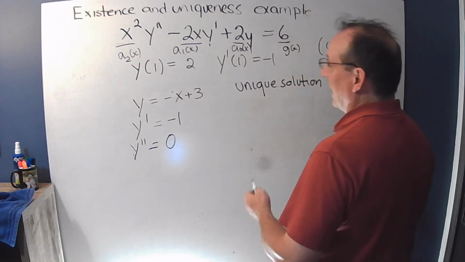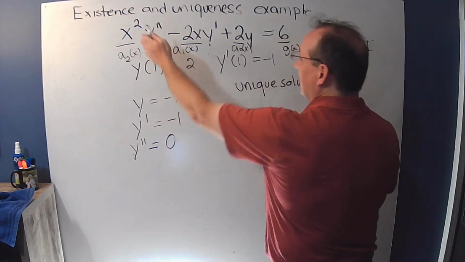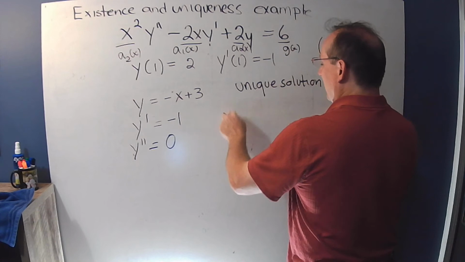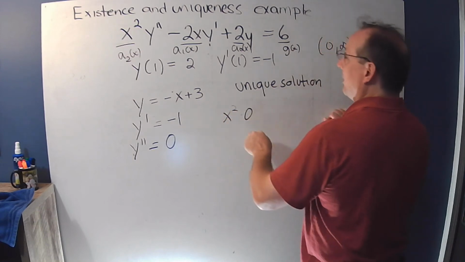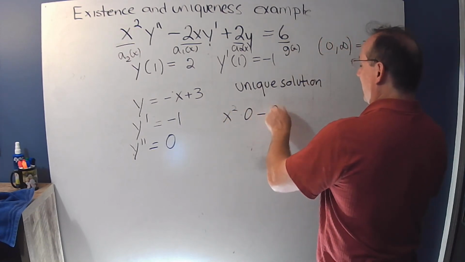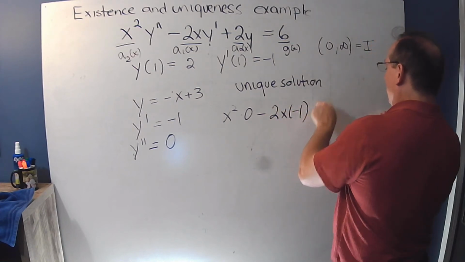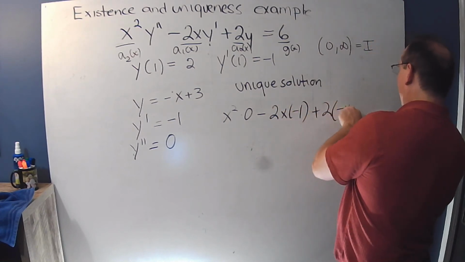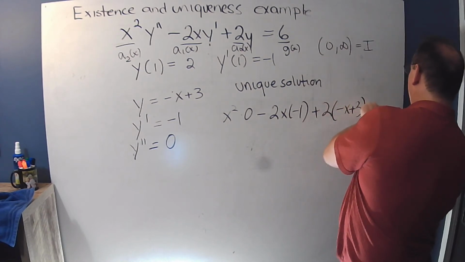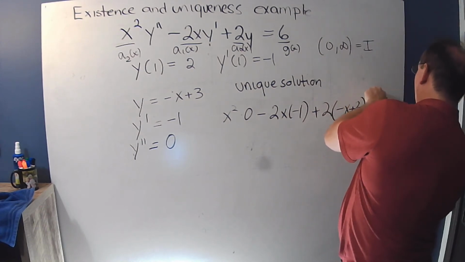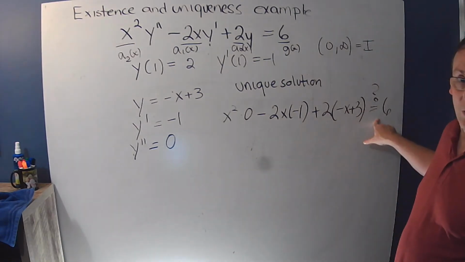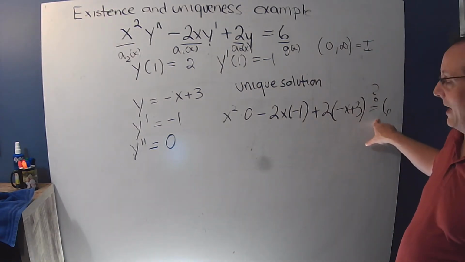I want to plug these into this equation and make sure it works. So I take x squared times 0, minus 2x times negative 1, plus 2 times negative x plus 3, and I'm hoping that's 6.